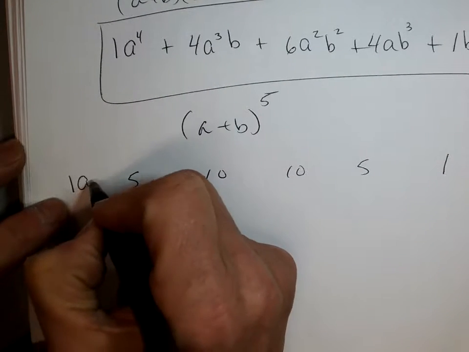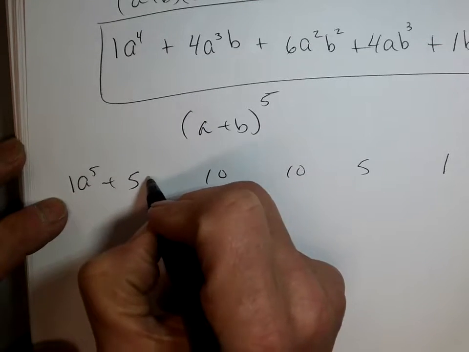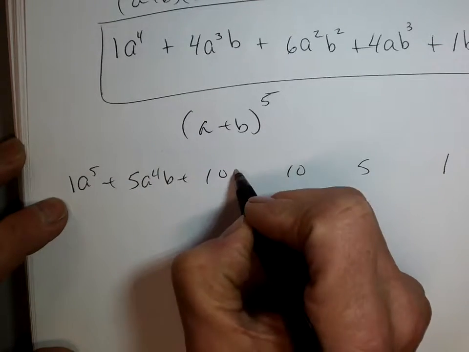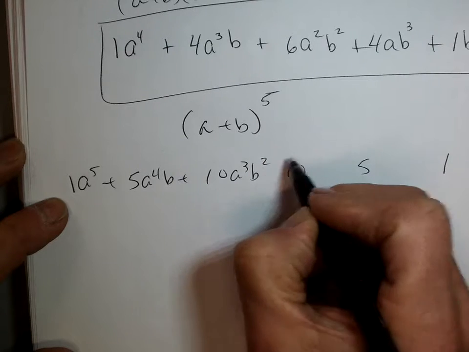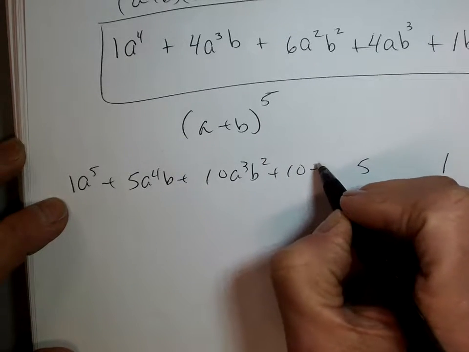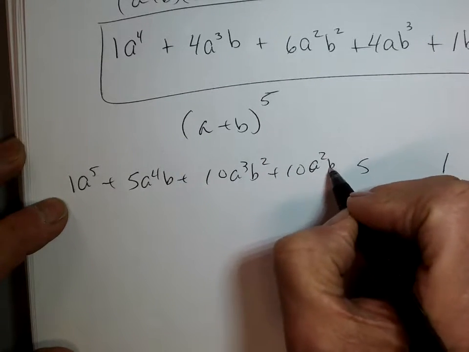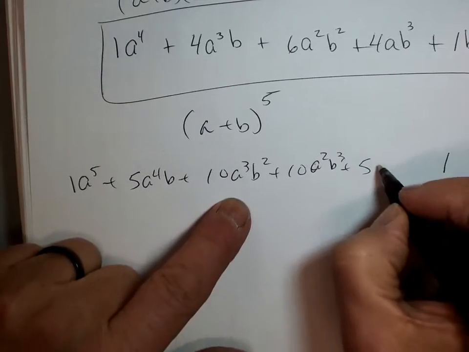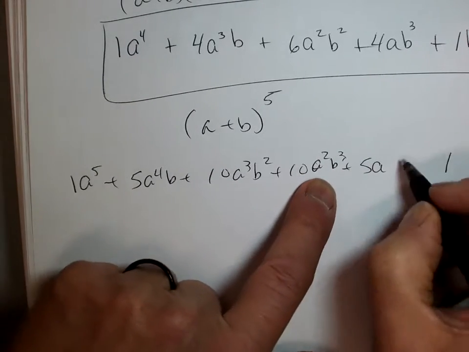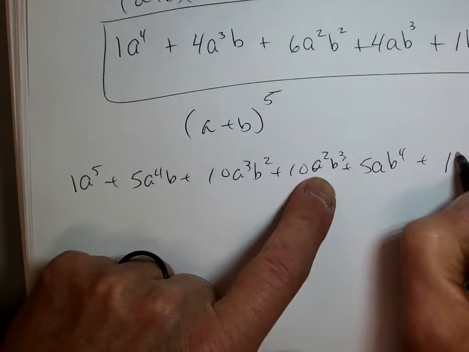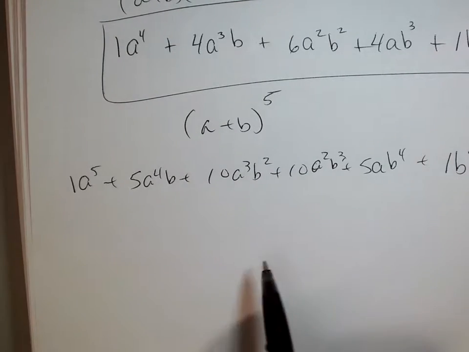It would be an a to the 5th plus 5a to the 4th b plus 10a cubed b squared plus 10a squared b cubed plus 5a b to the 4th plus b to the 5th. Okay, that would be it.